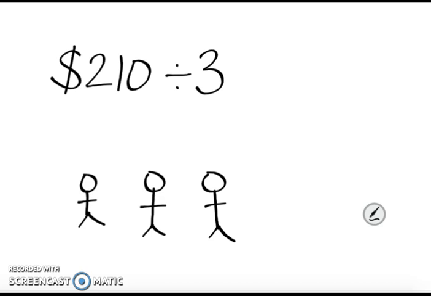Okay, so if we think of tens again, each person, we're going to start counting until we get to $210, okay?